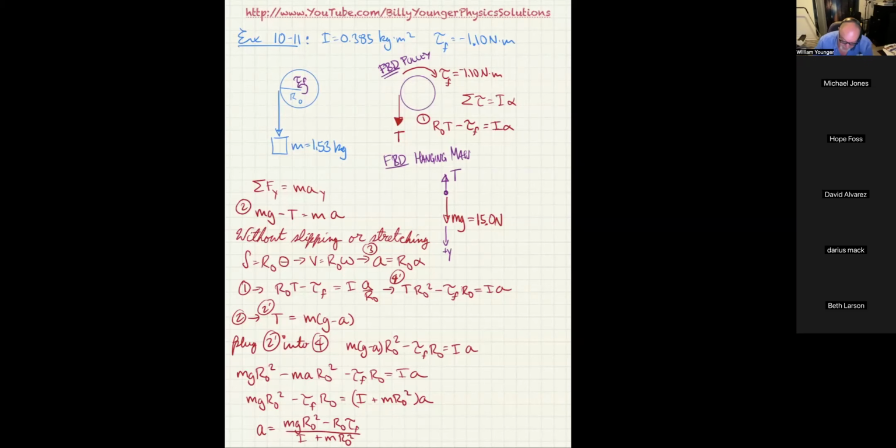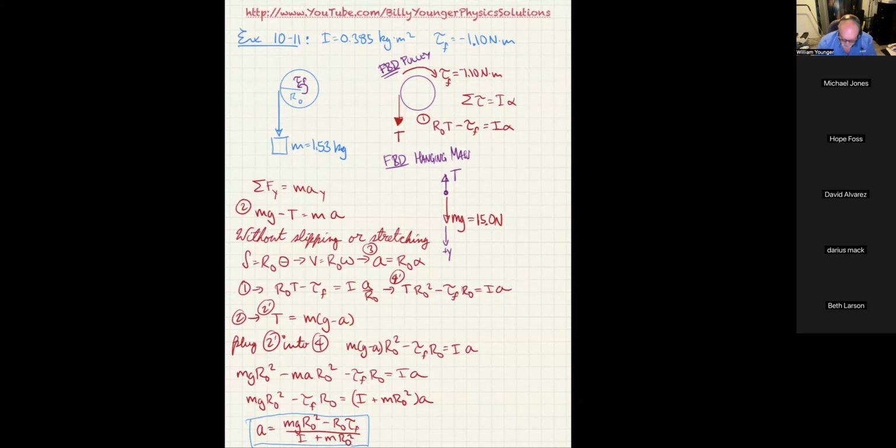So that is the actual expression for the acceleration. And you can actually plug in those values. We're just running out of time, but that is exactly the right result. In fact, you could divide through by an r0, and that might make it look a little bit more reasonable.